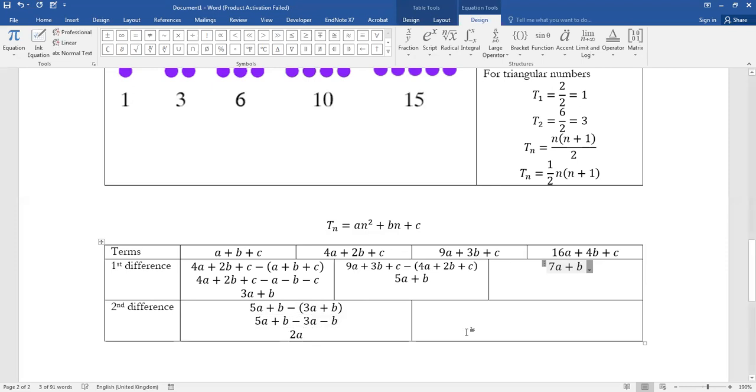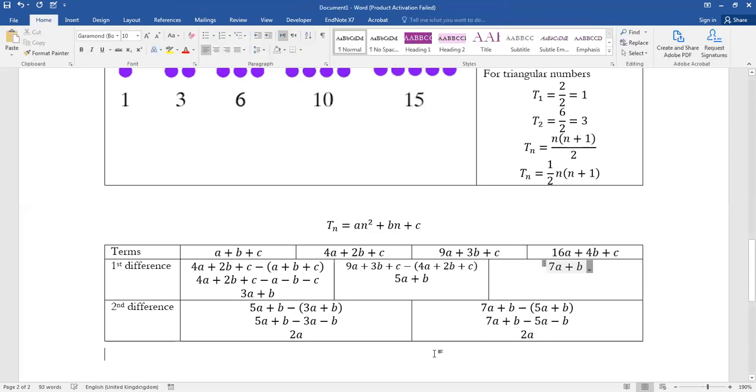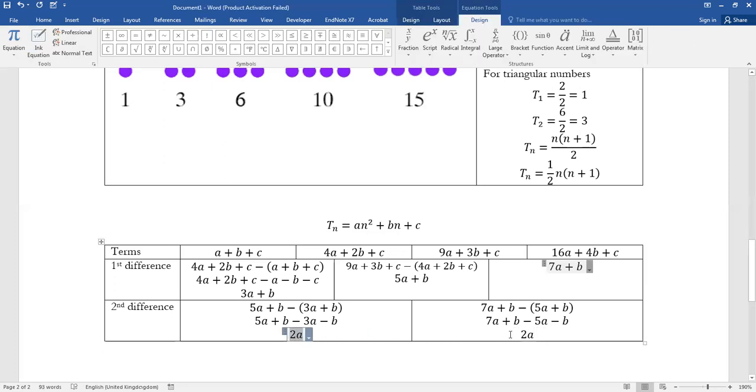So the second difference is 2a. Similarly, if I do it in this one as well, 7a plus b minus 5a minus b, that should give me 2a.